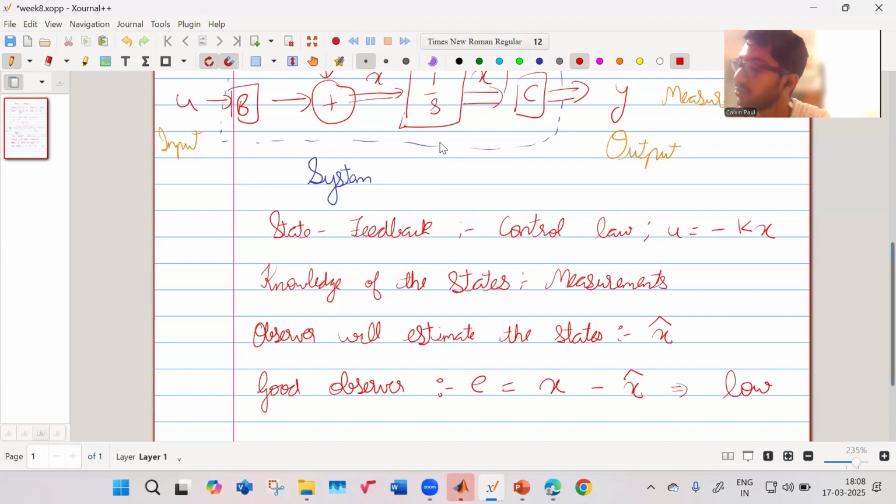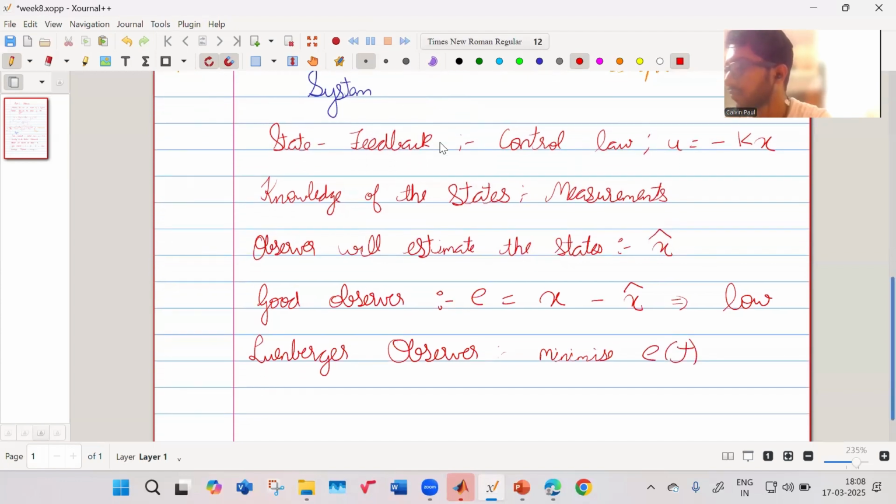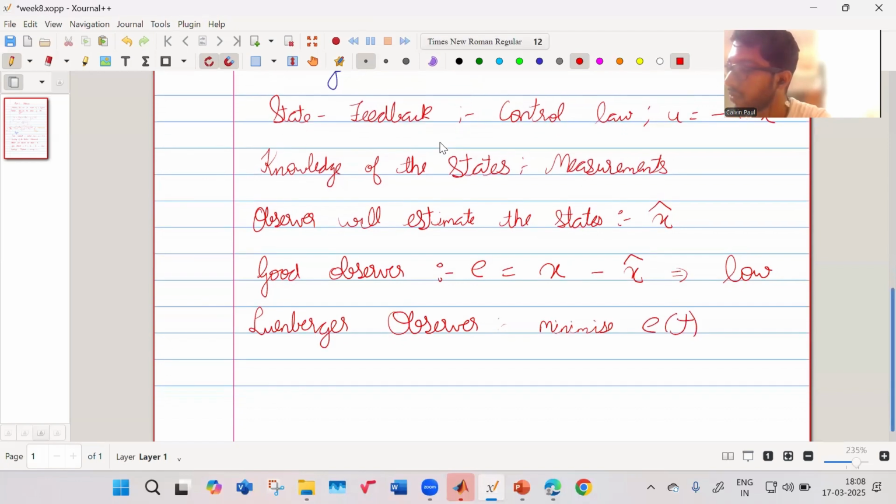So to minimize this error, there was an observer proposed known as the Luenberger observer. And its objective is to minimize e of t, the error.